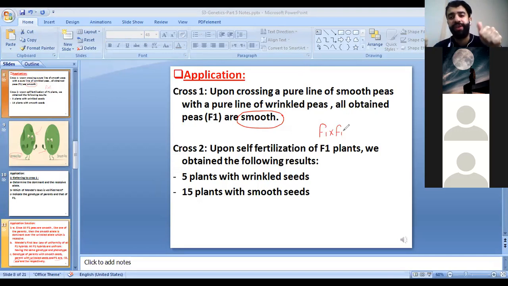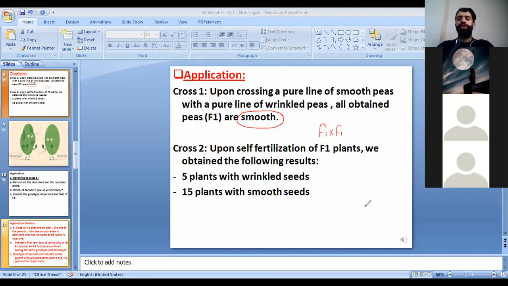No. So we have to give the symbols in this part, even though I didn't ask for them. Let S be the symbol of the smooth dominant allele, capital or small? Capital, very good, over the recessive allele. And let w small be the symbol of the wrinkled allele. Very good.